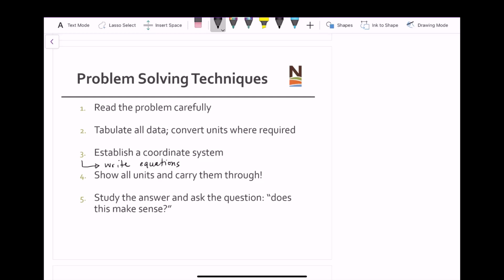So please make sure you show your units all the way through the problem. Last but not least, Number 5, study the answer and ask the question, does this make sense? It's one of the most important aspects of solving these problems, understanding whether or not the result you're getting is of consequence, if it matters, if it makes sense.